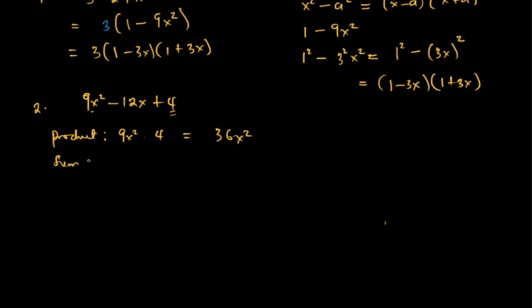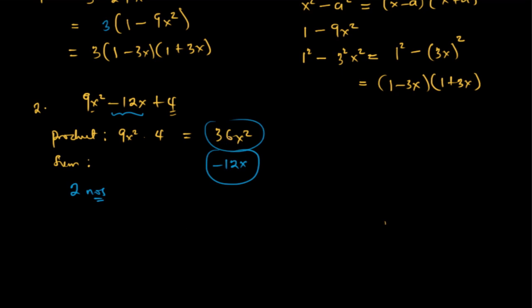And then for the sum, we'll write what we have here, which is negative 12x. So I need two numbers such that when I multiply them I have 36x squared, and when I add them I have negative 12x.